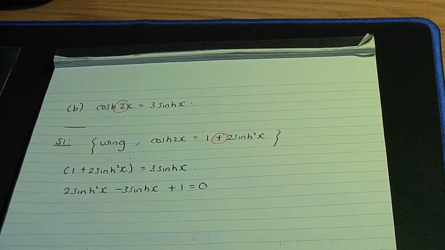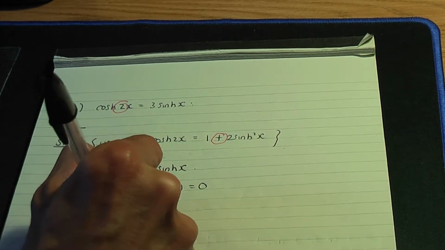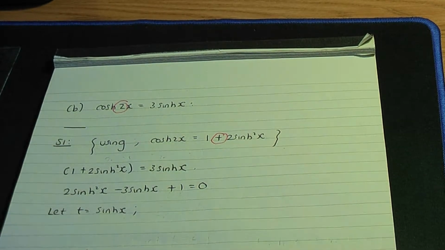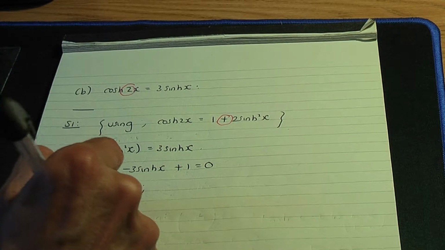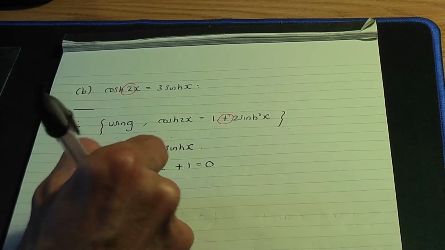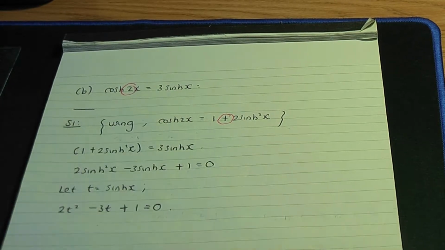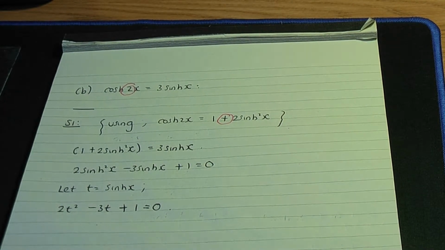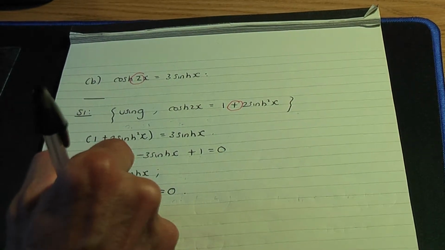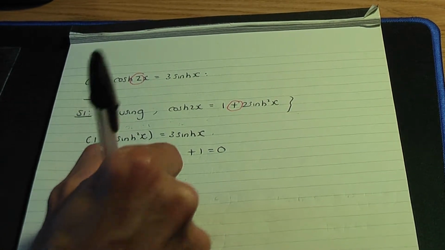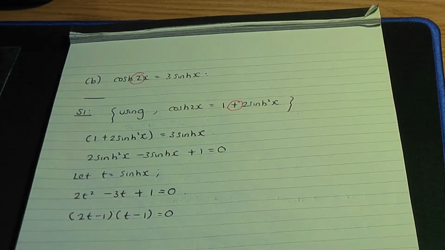Okay, so if I let t equal hyperbolic sine x to make it a quadratic, we're going to have 2t squared minus 3t plus 1, and that's equal to 0. So we can factorise this quadratic, and the factors would be 2t minus 1 and t minus 1, that is equal to 0.